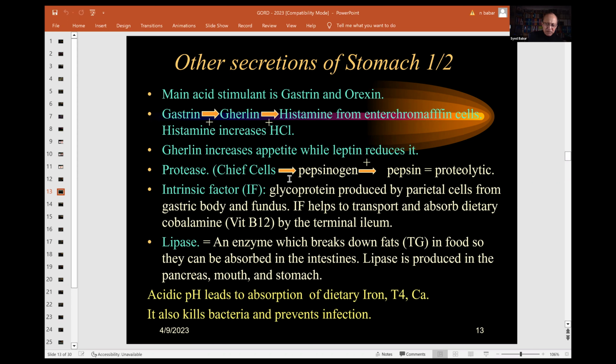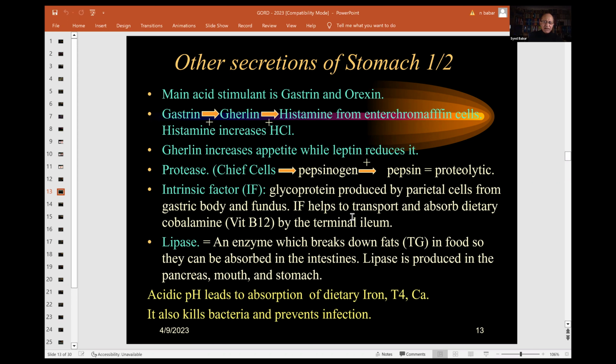And remember also that the parietal cell secretes a glycoprotein called intrinsic factor. This happens in the gastric fundus and body.